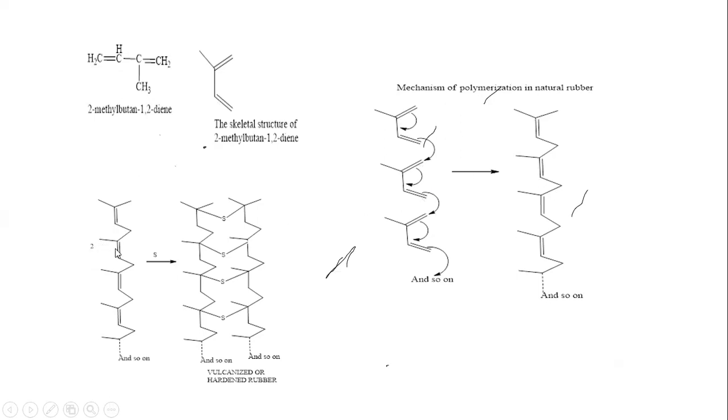Now, vulcanization of rubber is the hardening of rubber when heated with sulfur. The latex, gotten from the rubber tree, which is this one, when treated with sulfur, each two strands, each two polymers, combine together, and what happens is that the double bond, this is how it happens.